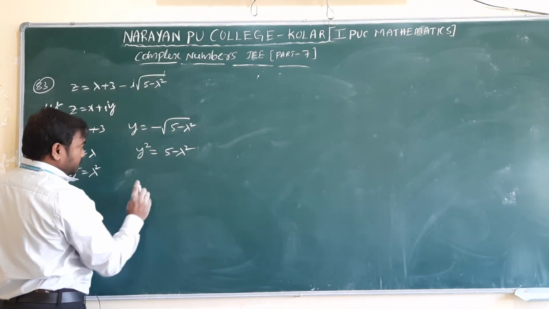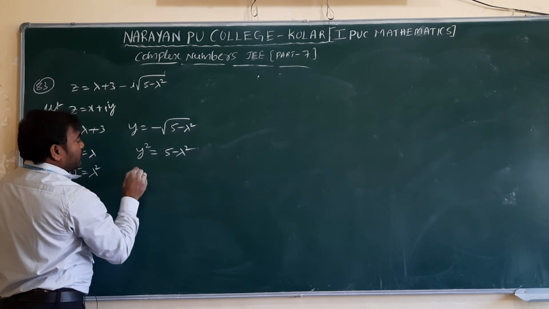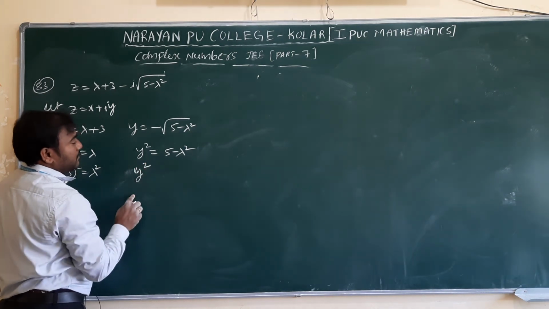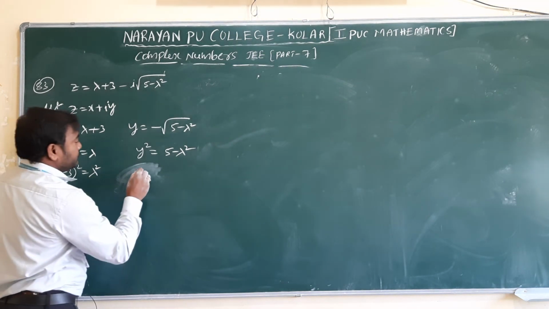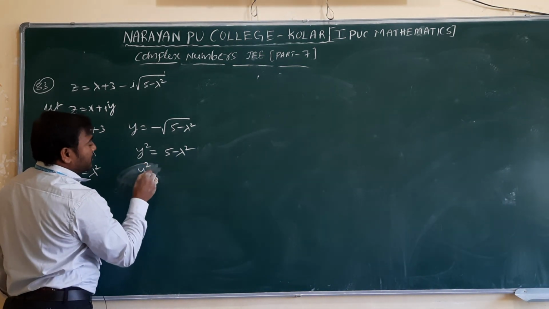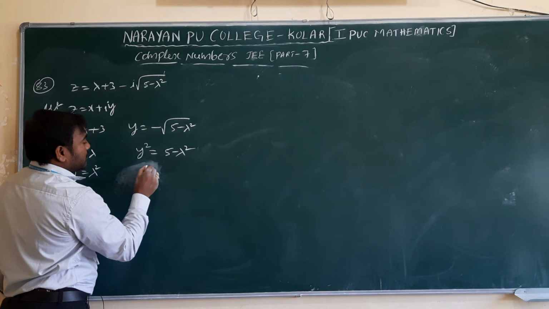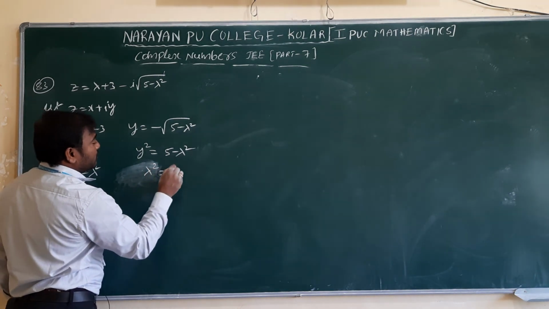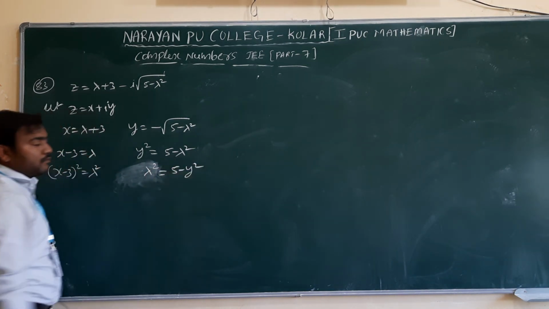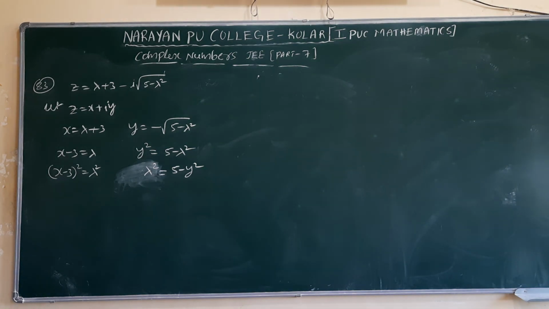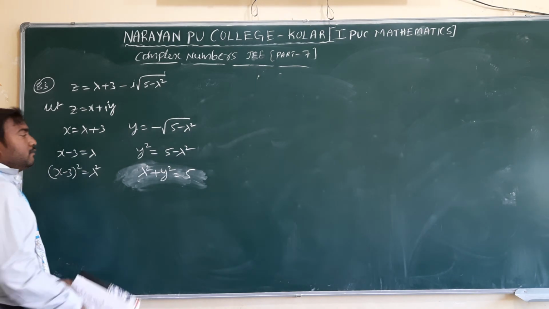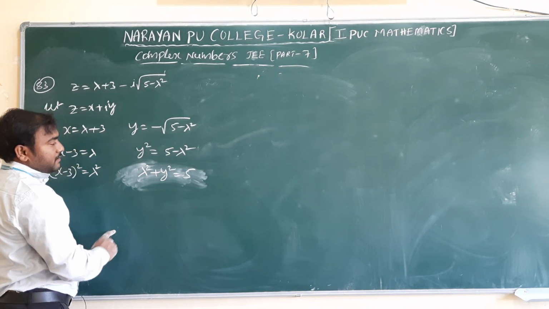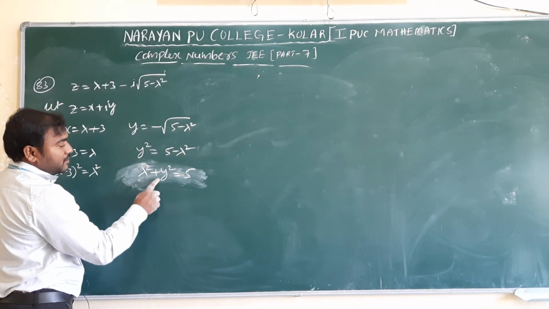Here y square is equal to 5 minus lambda square, so lambda square plus y square is equal to 5.